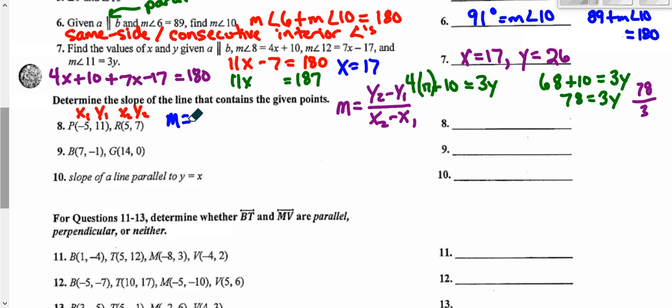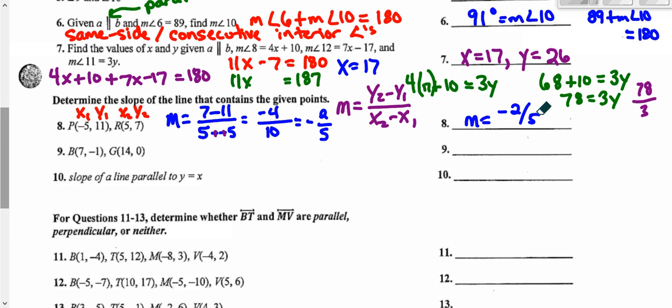So m equals 7 minus 11 over 5 minus negative 5. Well, this is going to give us 7 minus 11, which is negative 4. 5 minus a negative 5 is really a plus 5. So we'll end up getting 10 over here. Then we'll simplify this to negative 2 over 5. So I'll write m equals negative 2 fifths.